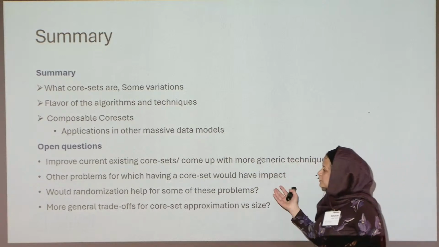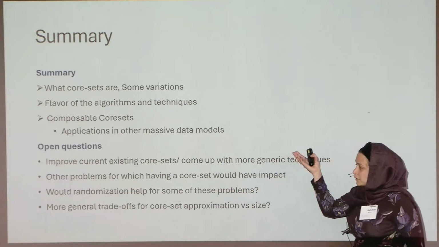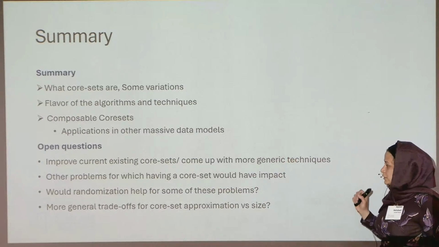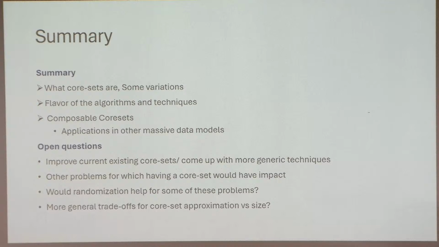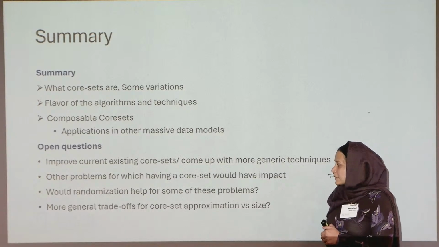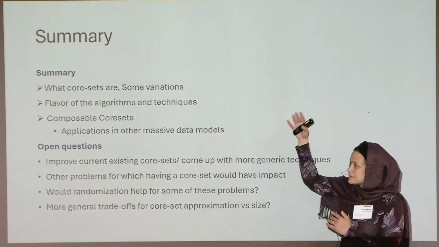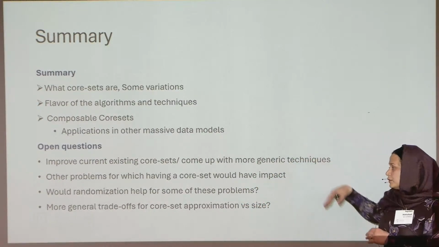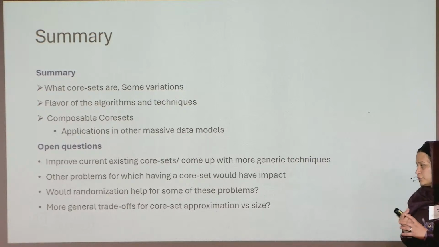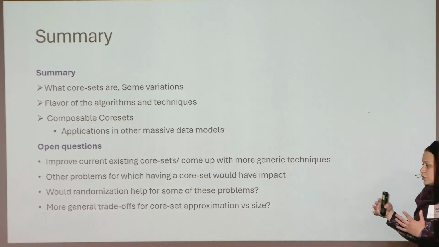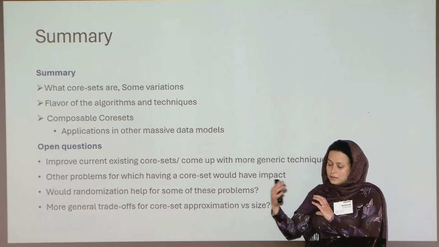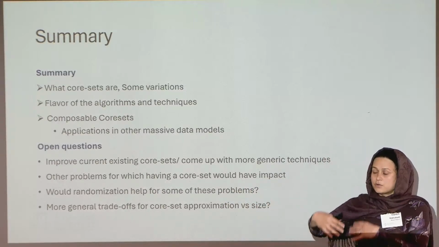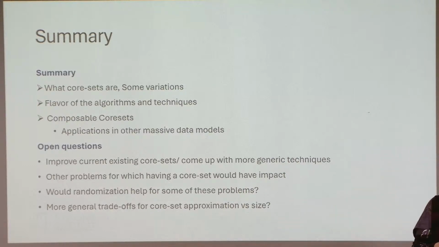Some open questions would be, first of all, to improve the current coreset construction algorithms, and find out what other interesting problems a coreset could have impact on. Also, for some of these problems that we have a lower bound, would randomization help to solve them? And maybe if you allow the size of the coreset to increase, then you can get a better approximation factor.